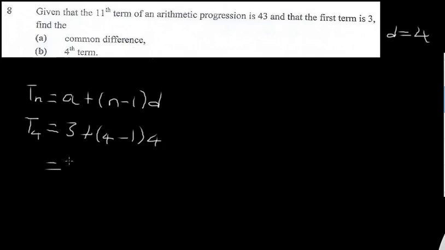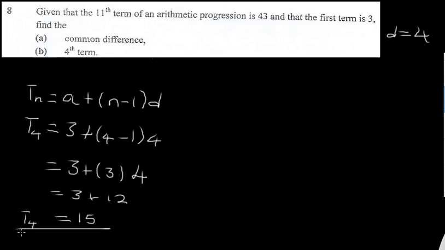This is equal to 3 plus 3 multiplied by 4. This gives us 3 plus 4 multiplied by 3 gives us 12, and this gives us 15. So therefore our fourth term is 15.